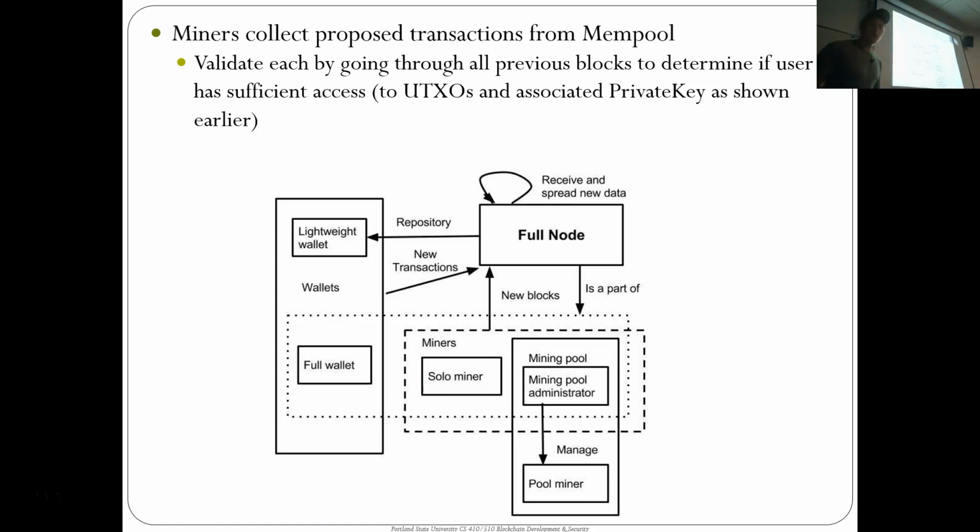Okay, so when you have all the candidate transactions that you can include into the next block in this mempool, then the next thing that happens is that a miner is going to look at that pool and say, you know what, I am going to collect up a bunch of transactions and try and create a block from that. I am going to try and solve the proof of work puzzle on those transactions so that it can be added to the blockchain and I can get a mining reward.